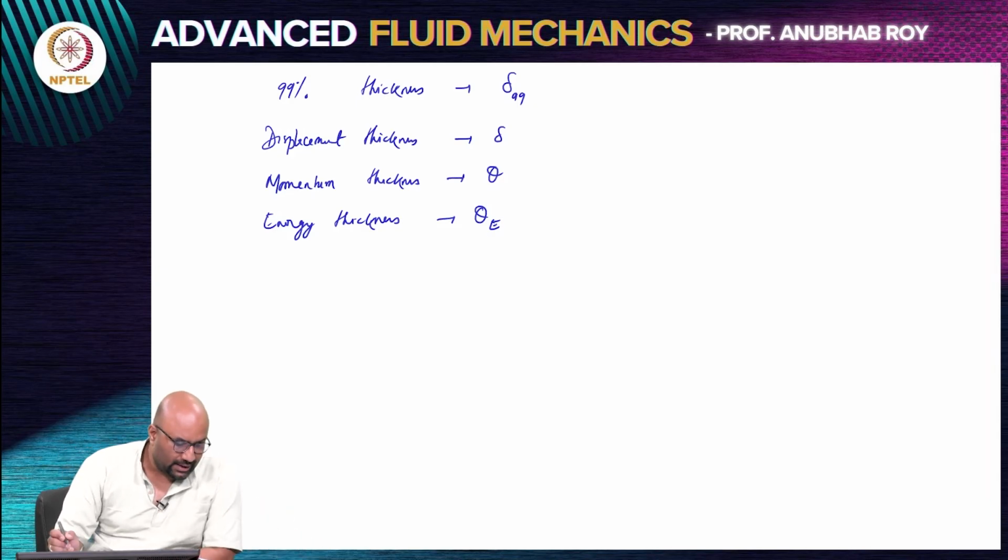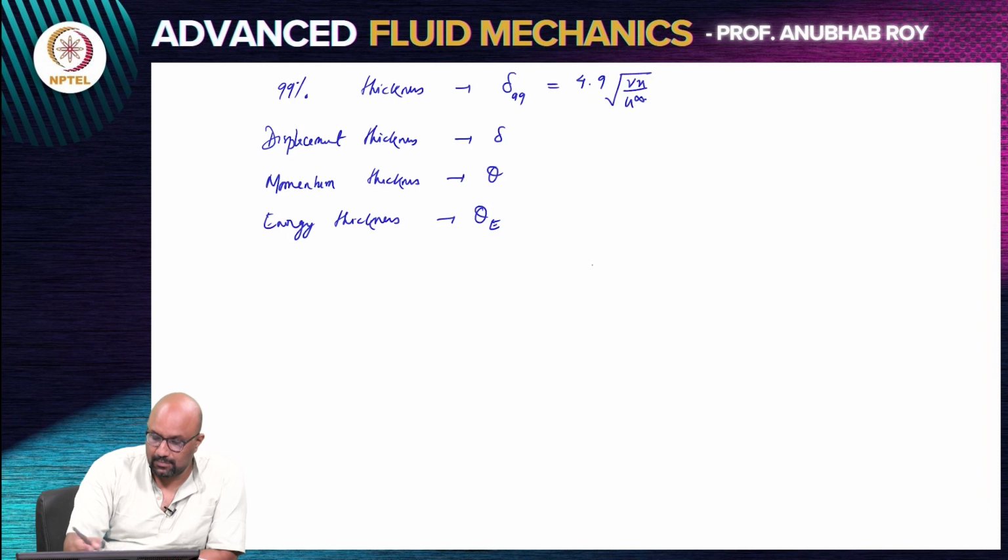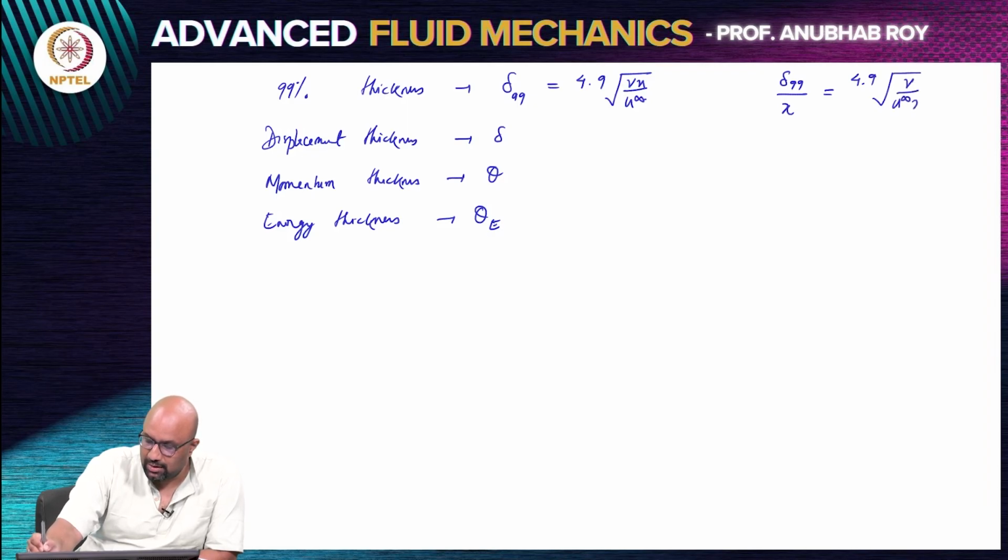So, for the 99% thickness, delta 99, you have to find these things numerically from the boundary layer profile. The 99% thickness is approximately 4.9 square root nu x by u infinity, which is saying that delta 99 by x is equal to 4.9 by square root Rex.